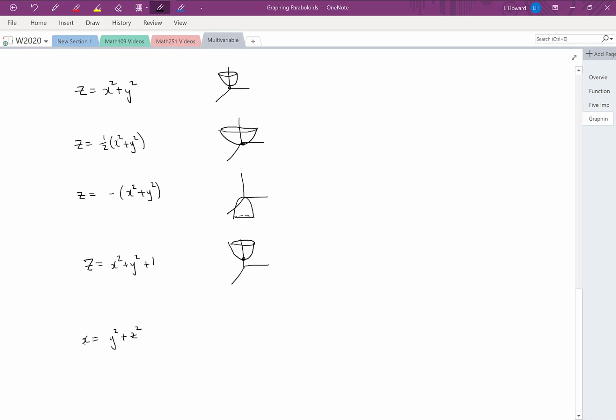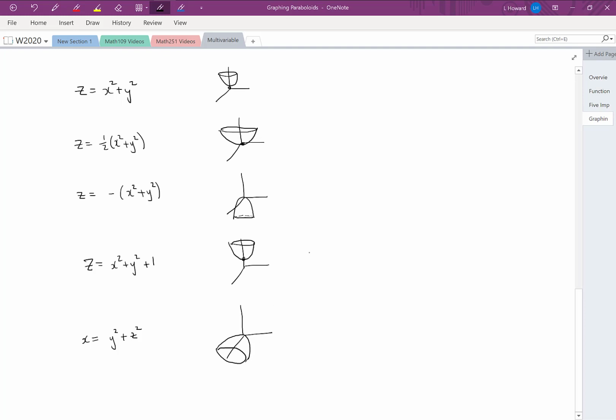See, now we've got x on the left side. x is playing the role that z was playing before, and then it's the other 2 variables that are being squared. So if our classic paraboloid had z on the left and that paraboloid was opening in the positive z direction, then we should be expecting this paraboloid to open in the positive x direction. That's exactly what's going to happen. So the bowl is going to be opening this way.